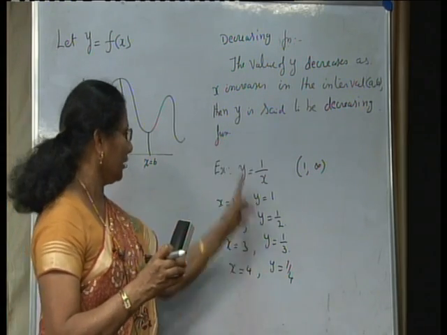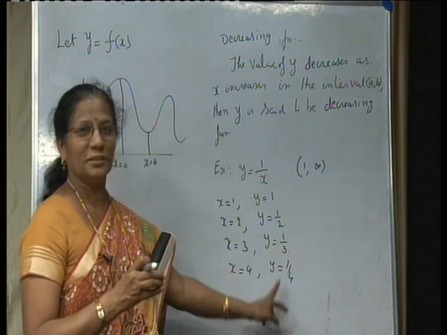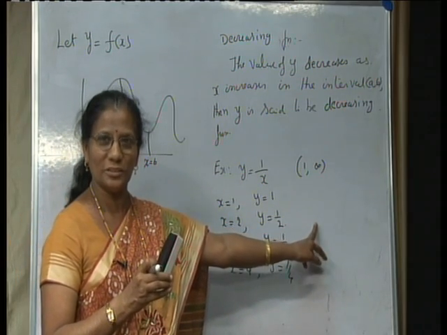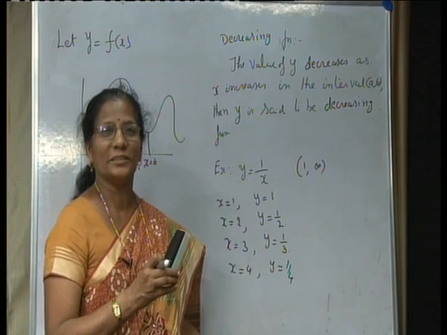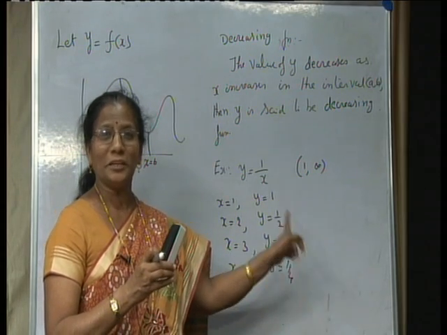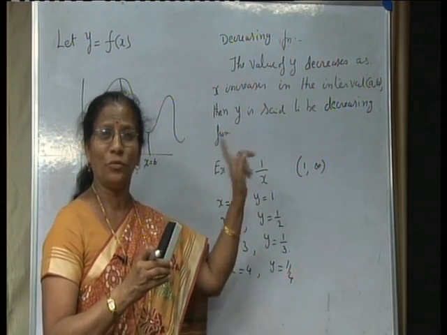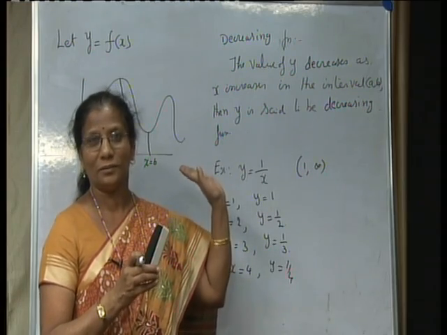So similarly, we can easily see where the function increases and where it decreases. But you have to remember that increasing and decreasing functions are defined only in a particular interval.